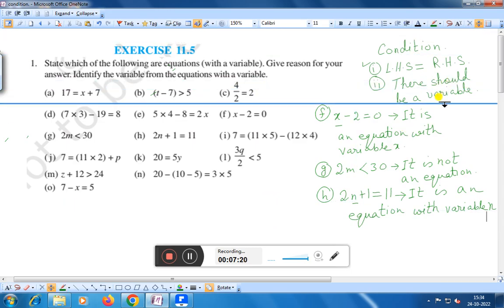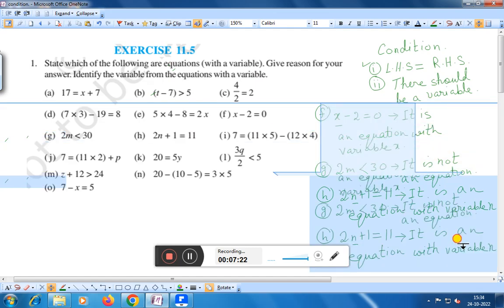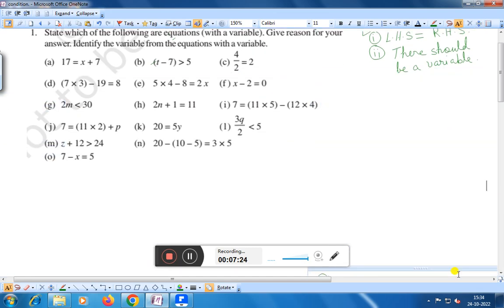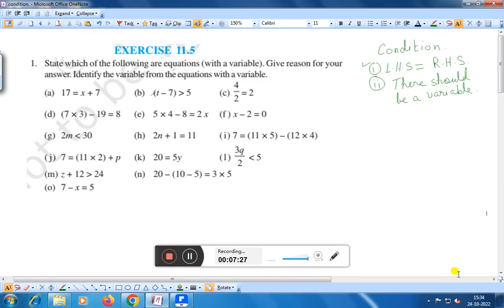Now question number I. Question number I is 7 is equal to 11 into 5 minus 12 into 4.